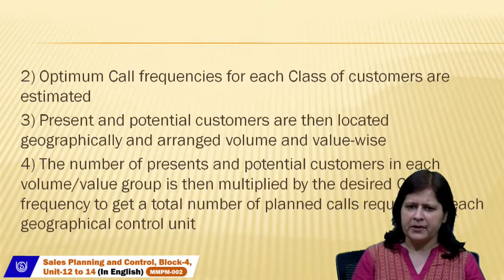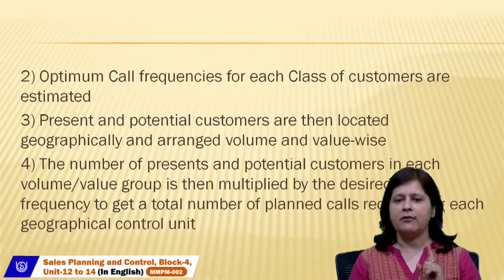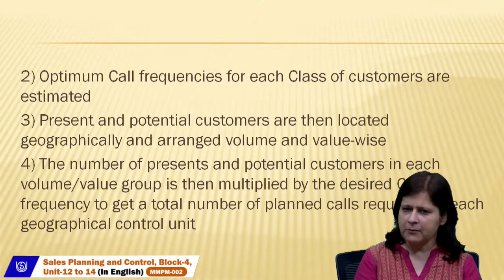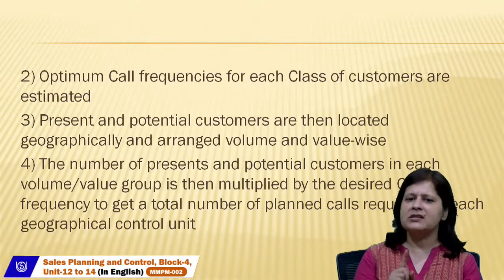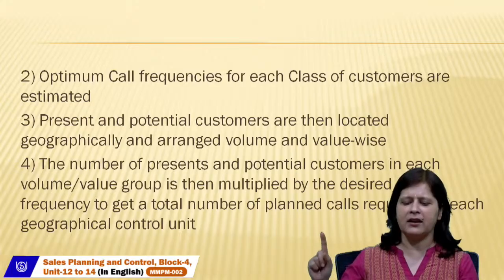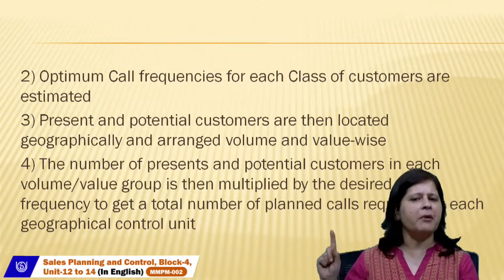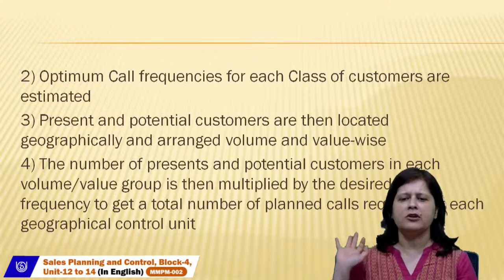The number of present and potential customers in each volume or value group is then multiplied by the desired call frequency. How can we then define the sales load? The number of present and potential customers in each volume or value group is multiplied by the desired call frequency to get the total number of planned calls required for each geographical control unit.